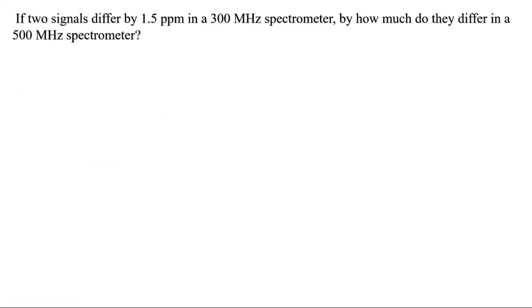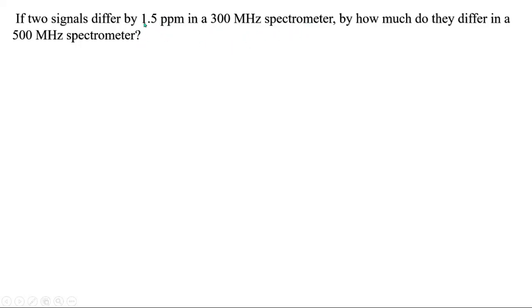Now come to the next question. If two signals differ by 1.5 ppm in a 300 megahertz spectrometer, by how much do they differ in a 500 megahertz spectrometer? They have given it in ppm, 1.5 ppm in a 300 megahertz spectrometer.